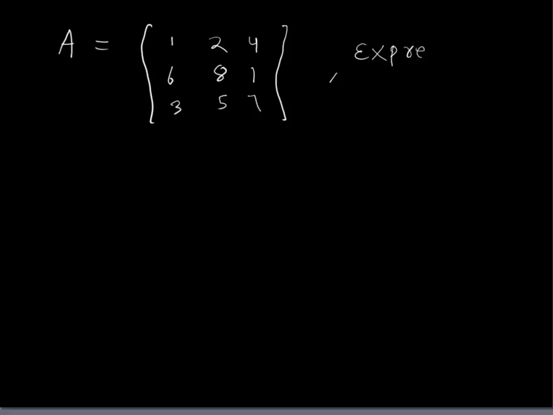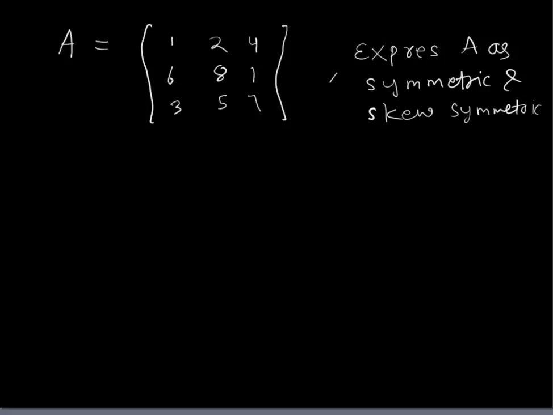So let's say that this is my matrix A. Let me construct the matrix. 1 2 4, 6 8 1, 3 5 7, and I want to determine the symmetric and skew symmetric parts of the matrix A. So I want to express A as symmetric and skew symmetric matrix. So how will we tackle this question?